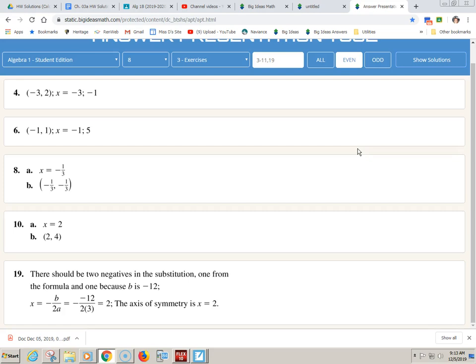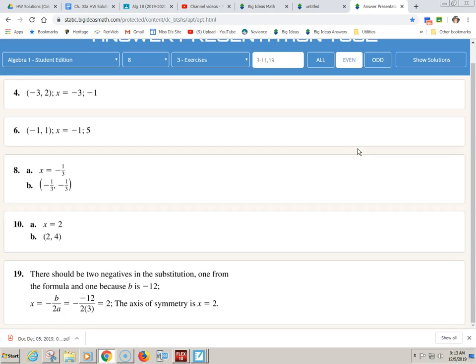Oh yeah. Okay. So there's like a formula after this. It says to find the axis of symmetry, you have to do that by using this formula. So B is the second number in this equation, and then A is the first number in this equation.